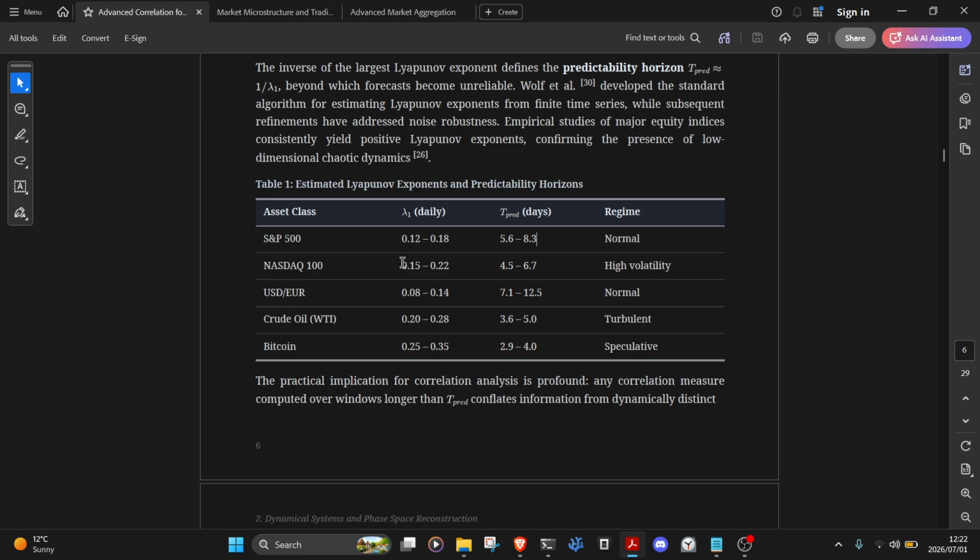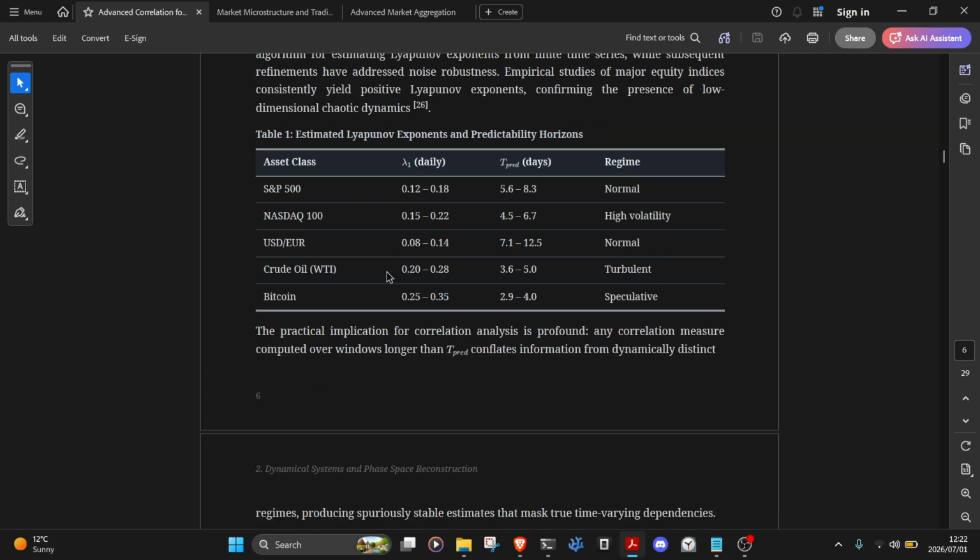Anything beyond that, and you're testing your luck. The regime, normal. Crude oil had a Lyapunov exponent of 0.2 to 0.28, and the predictability horizon is 3.6 to 5 days. Anything beyond that, and you're testing your luck. The regime, turbulent. Bitcoin had a Lyapunov exponent of 0.25 to 0.35, and the predictability horizon was 2.9 to 4 days. Anything beyond that, and you're just testing your luck.